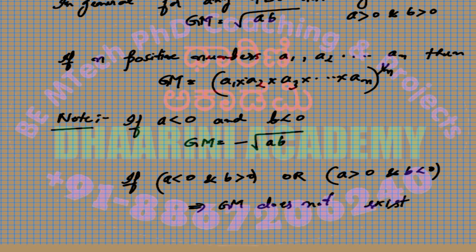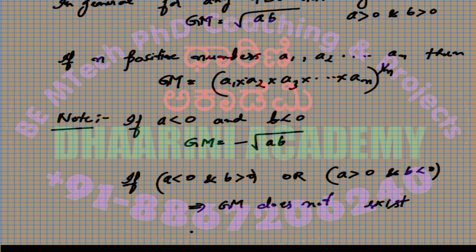Right. So that does not exist. But still we can apply the rule and calculate, right? It's not real, what you get as answer is imaginary. Imaginary result.